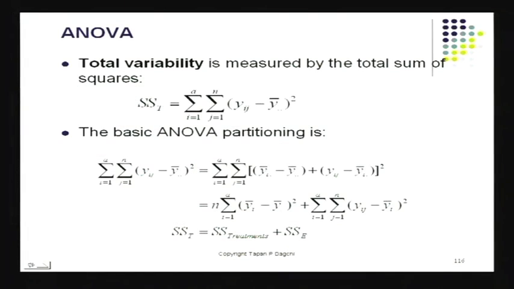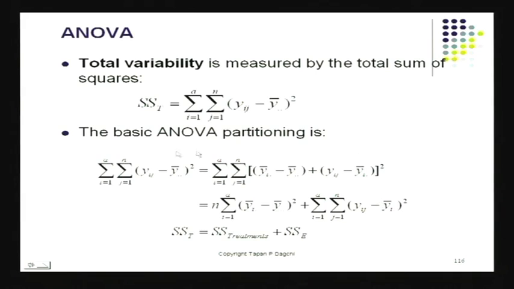If you come back to the slide again, you'll find that this total variation can be split up algebraically between two components. One is the sum of squares of deviations due to treatment effects, and the other is the sum of squares due to errors, which is like any other factor that might also be affecting the process. This total variation is the summation of the sum of squares of treatments and the sum of squares of errors.